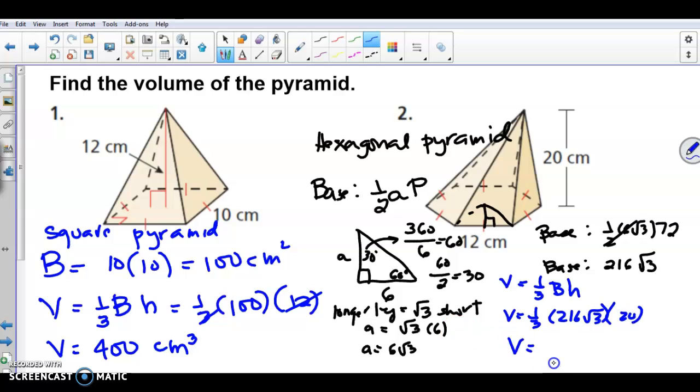So if you calculate that, it should be 1,440 radical 3 cubic centimeters. So that's the volume of this hexagonal pyramid here. Rounding that off to the nearest tenth, this will become 2,494.2 cubic centimeters.